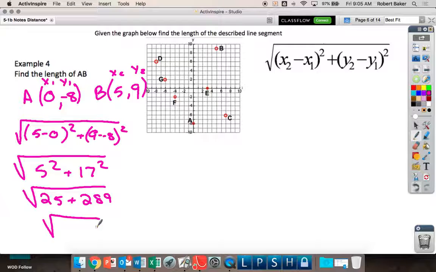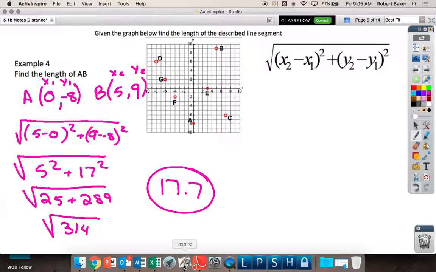I don't have a calculator. 314. And then we get to take the square root of 314. 17.72. So there's 17.7, because it's the nearest one decimal.